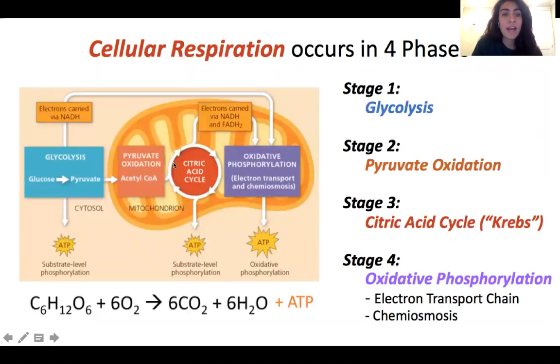So as Dr. Joseph mentioned, cellular respiration occurs in 4 phases. And with each of these stages, they occur in different areas within the cell, and they also have different reactants going into them, right?